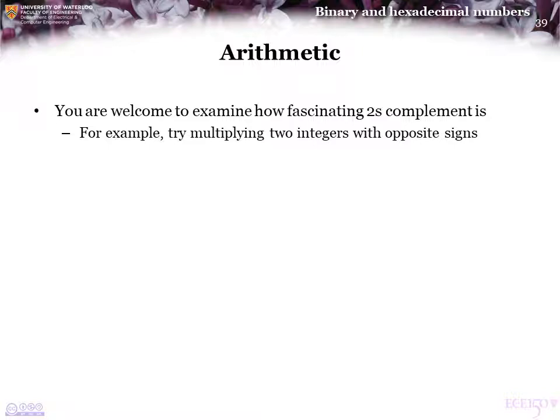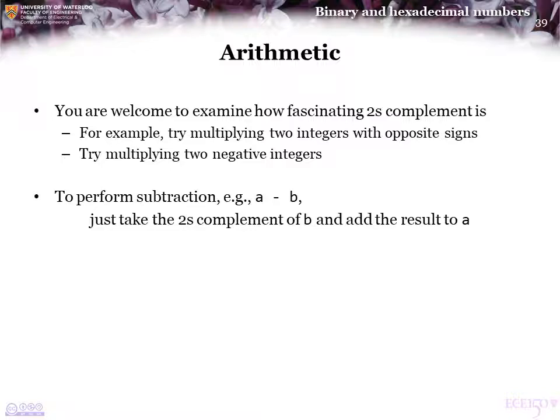You should find that this does indeed result in the 2's complement representation of negative 6. Try multiplying 2 negative integers like negative 2 and negative 3. When you work this out, you will once again find that the answer will be 110 or positive 6.